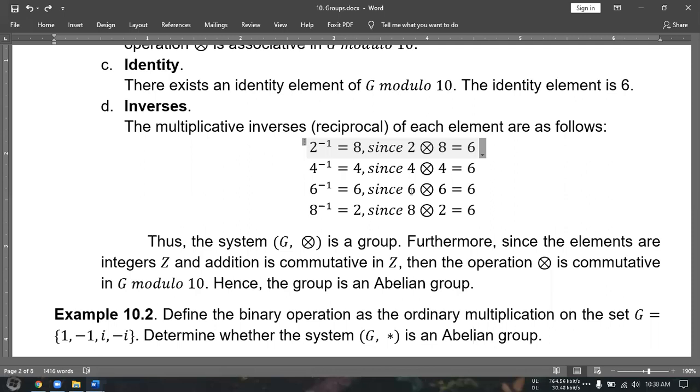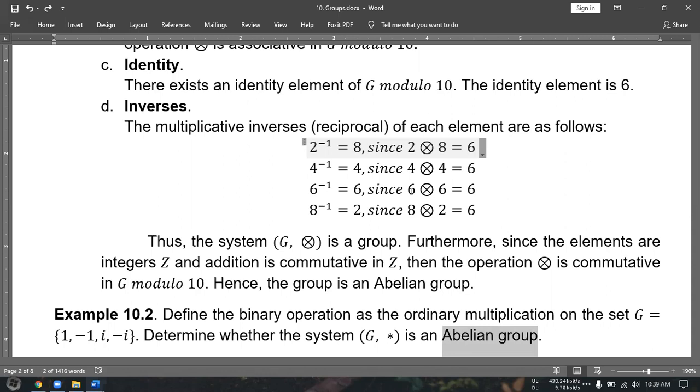Define the binary operation as the ordinary multiplication on set G whose elements are 1, -1, i, -i. Determine whether the system, the set G with the binary operation star, is an abelian group.